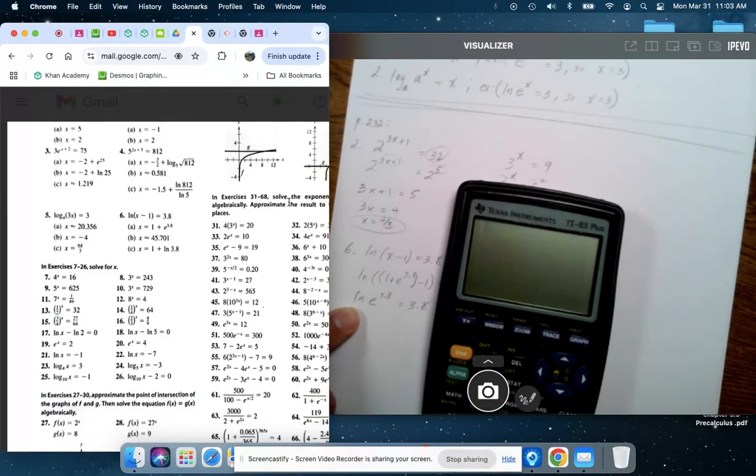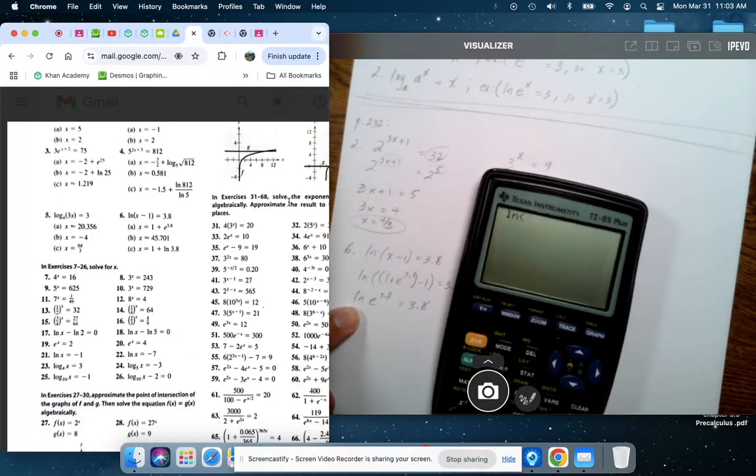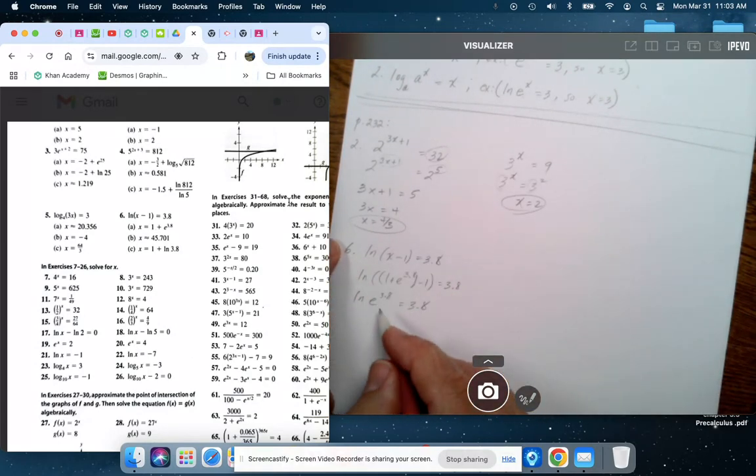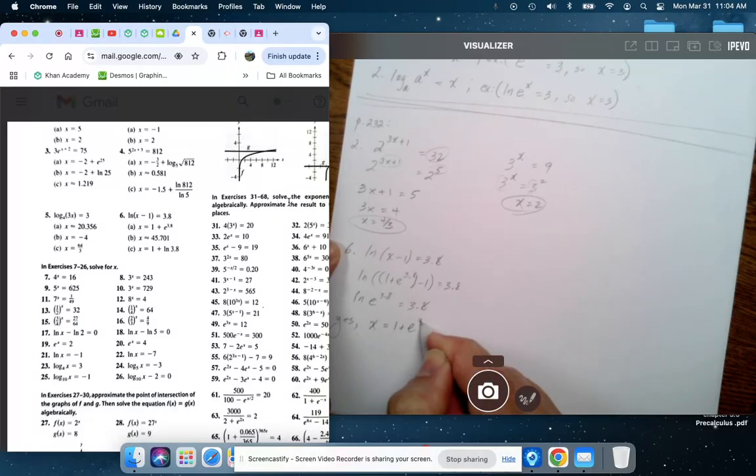But we can confirm it by doing natural log of e raised to 3.8, and it should give me 3.8, and it does. So yes, x equals 1 plus e to the 3.8 is a solution.